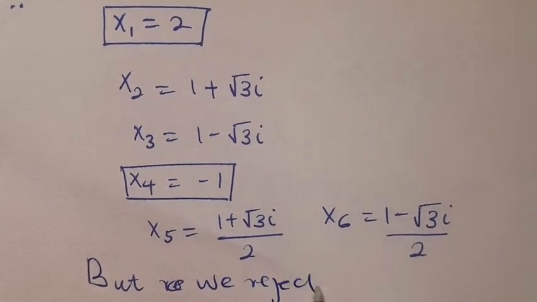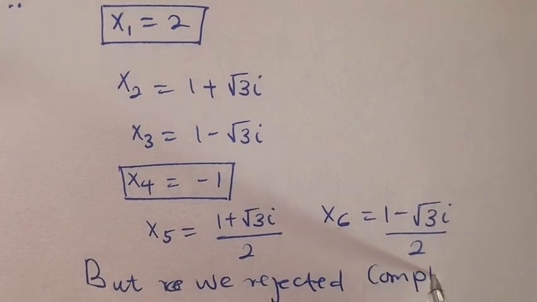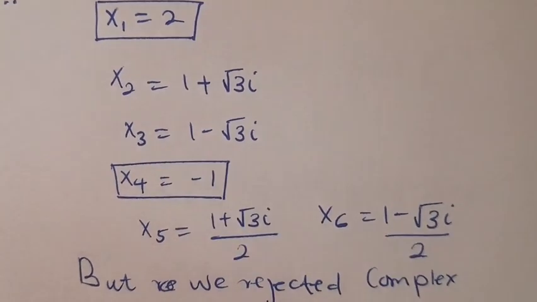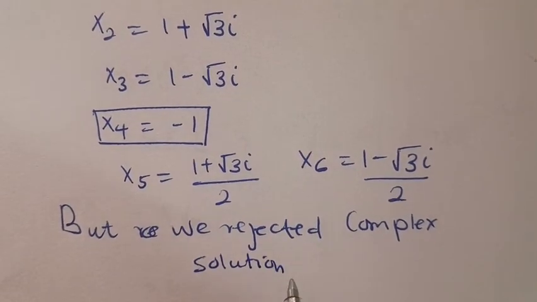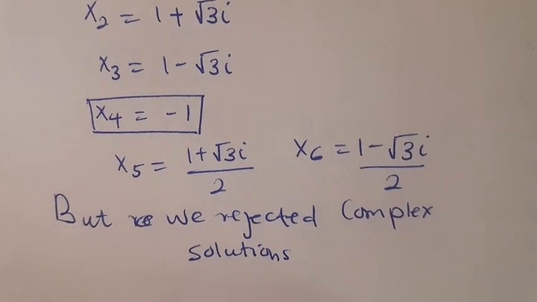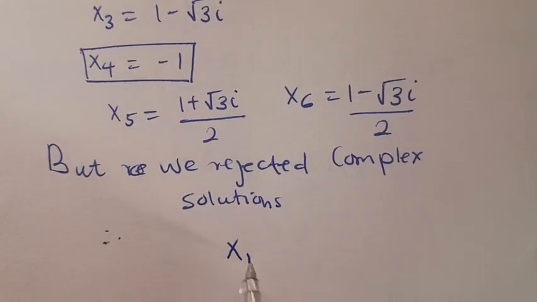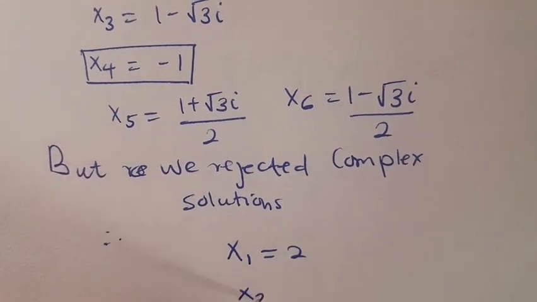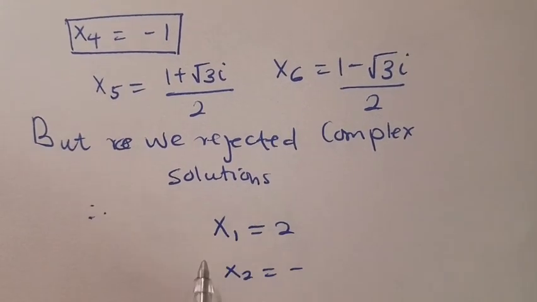So therefore, we reject the complex solutions. So therefore, guys, we can declare finally our x1 equals 2, x2 equals minus 1.